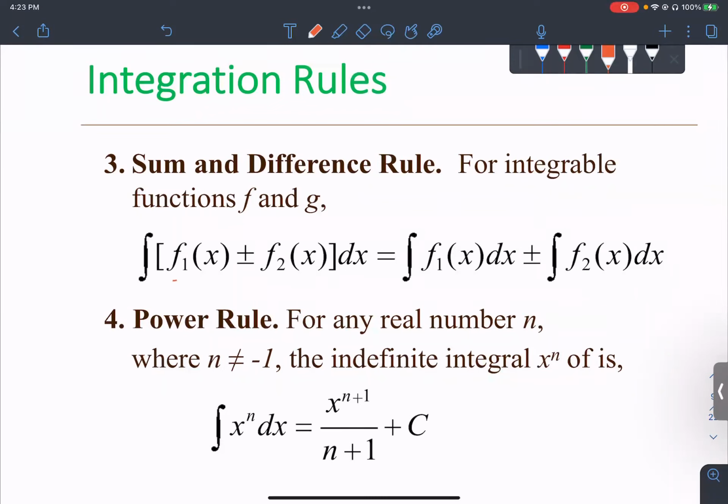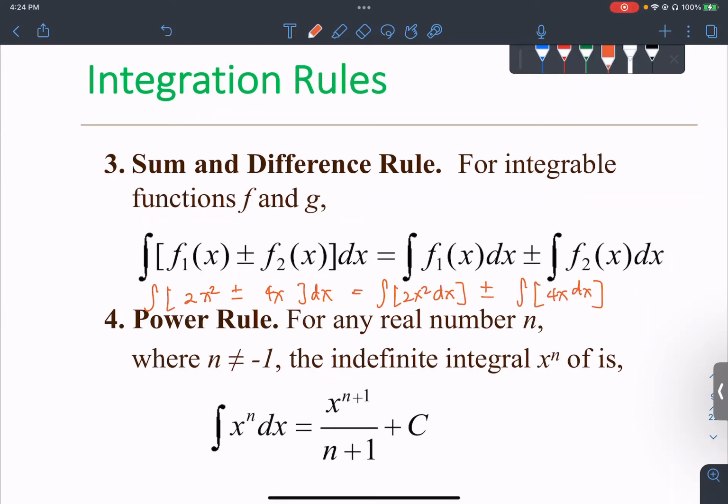So let's say the integral of 2x squared plus or minus 4x dx. To find the integral of this, we can do the integral of 2x squared dx, and then plus or minus the integral of 4x dx.